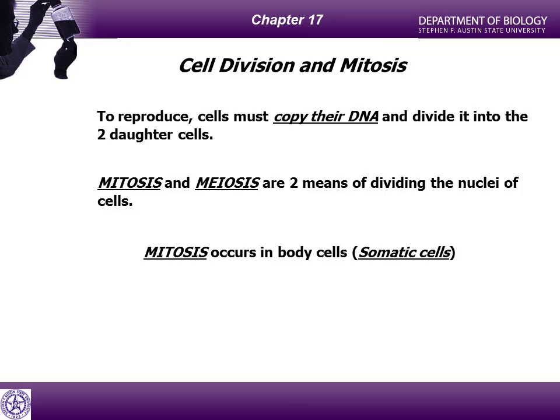If not, the resulting cell that has too much or too little isn't going to function. Now, you know mutations, right? You've heard about mutations? And mutations in the wrong genes can lead to what horrible disease? Cancer, right? But did you know if you have too much genetic material, that can cause a lot of trouble too?